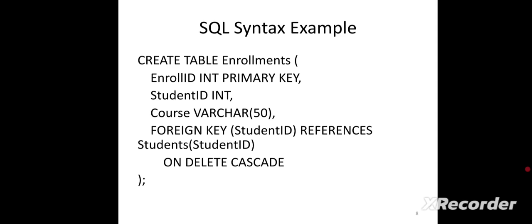Enrollment ID is the primary key, student ID is the foreign key that references the student ID of the student table. The on delete cascade part means if a student is deleted from the students table, all their enrollments will be automatically removed. This enforces referential integrity and also defines the desired behavior when changes occur in related data.